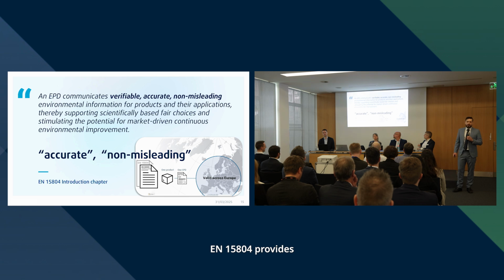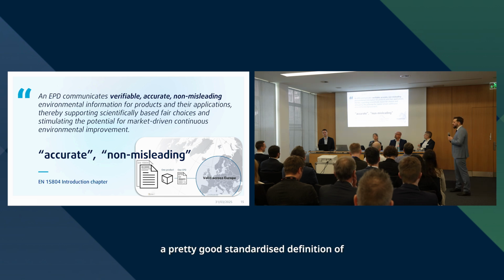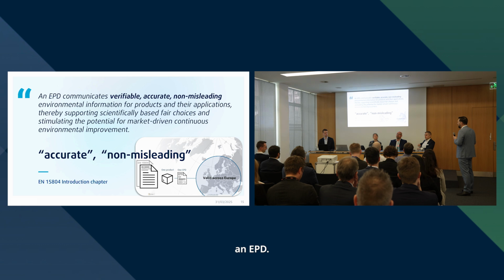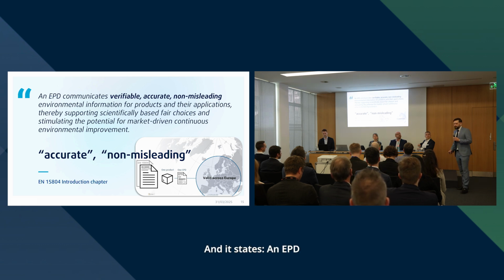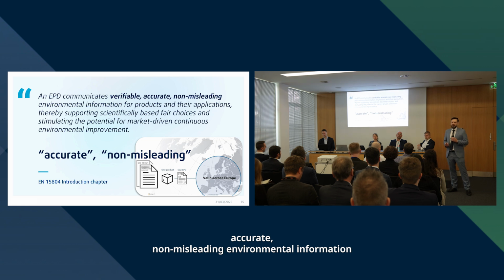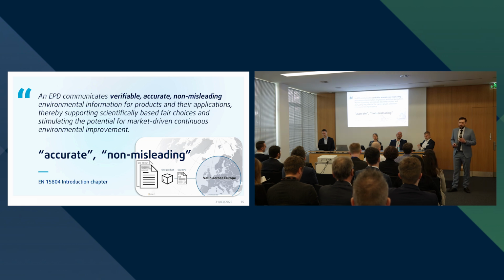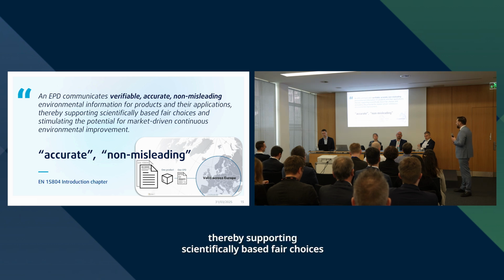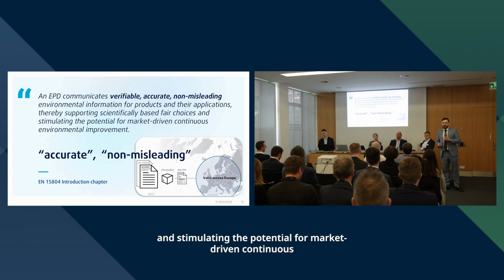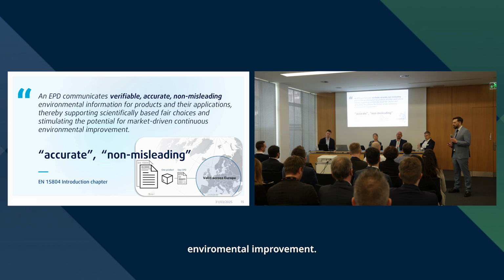EN 15804 provides a pretty good standardized definition of an EPD. And it states, an EPD communicates verifiable, accurate, non-misleading environmental information for products and their applications, thereby supporting scientifically based fair choices and stimulating the potential for market-driven continuous environmental improvement.